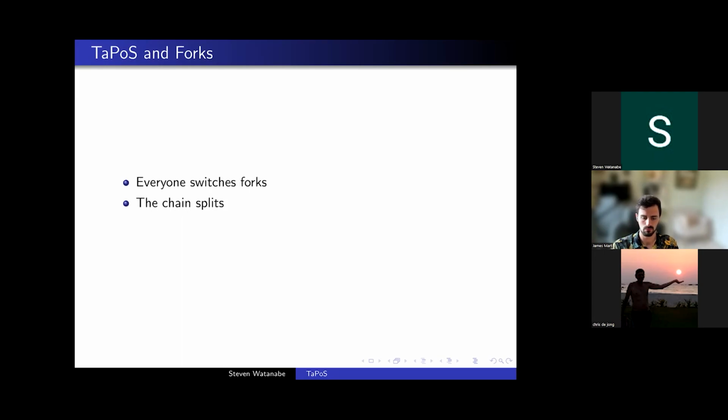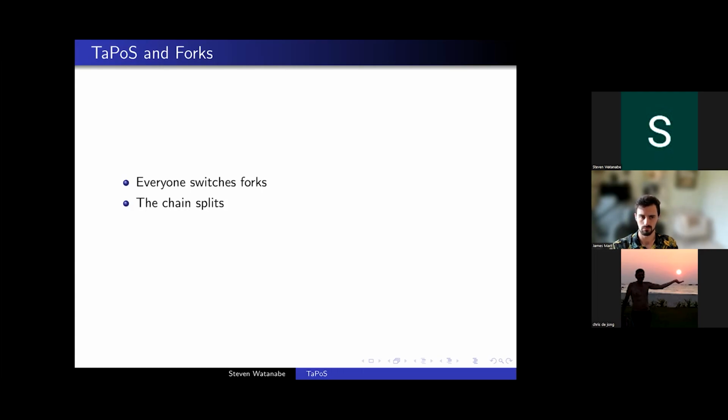For deeper forks, well, we really don't want that to happen. And TaPoS tries to make such deep forks harder because anyone who depends on transactions that are tied to this specific fork will be unwilling to move to a different fork. Of course, it depends on the details of the transaction, but as a general rule, the deeper a fork is, the more people will be upset by it, which makes it less viable.